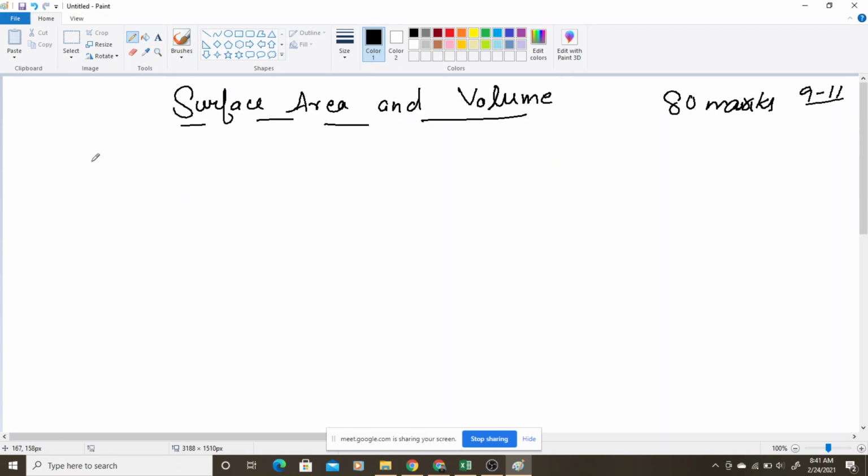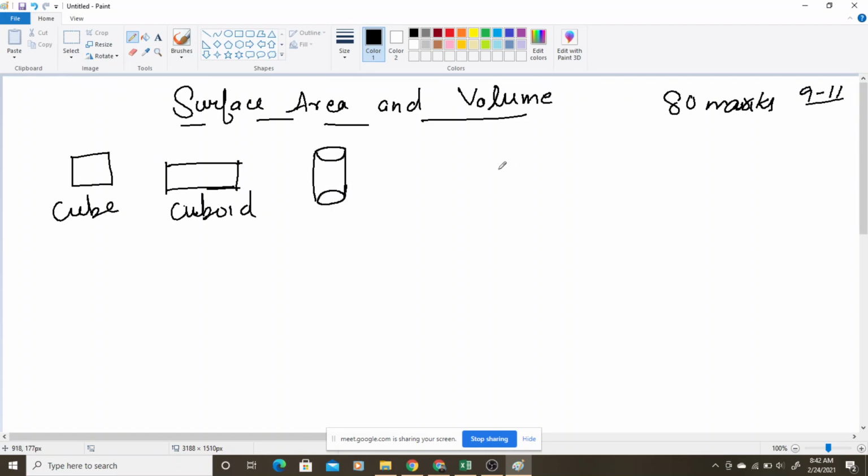See, in this chapter we have studied different shapes. First one is a cube, then a cuboid, then third a cylinder, fourth one a cone, fifth one a sphere, sixth one a hemisphere.